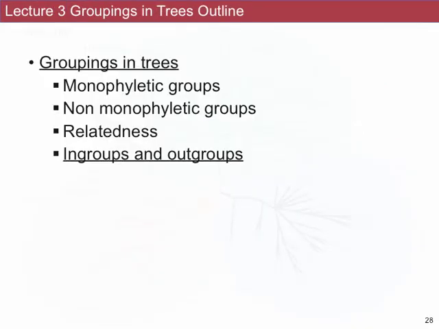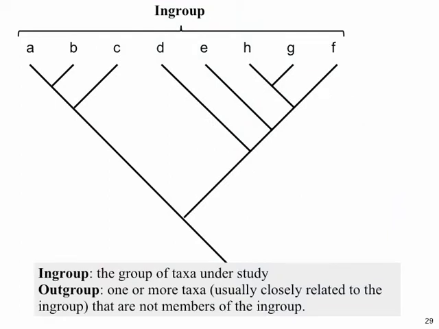So then yet another set of terminology that you will see and that we will use a lot is this issue of in-groups versus out-groups. For most purposes of what we're doing in the class, there's a pretty simple way to look at this, which is that in-groups are the group of organisms that we are studying the evolution of, a set of taxa that we are interested in.